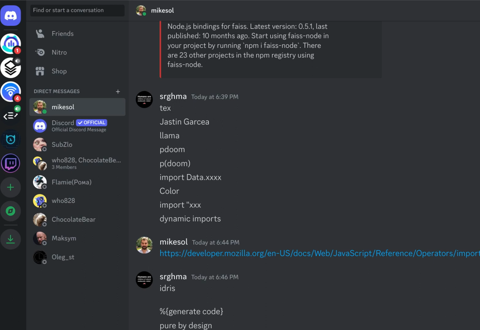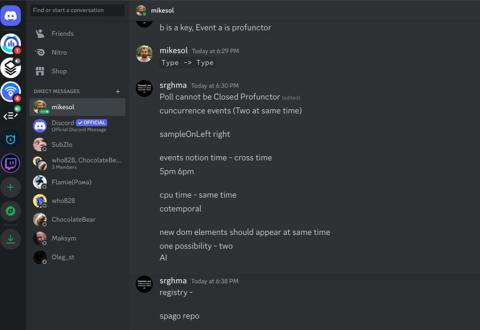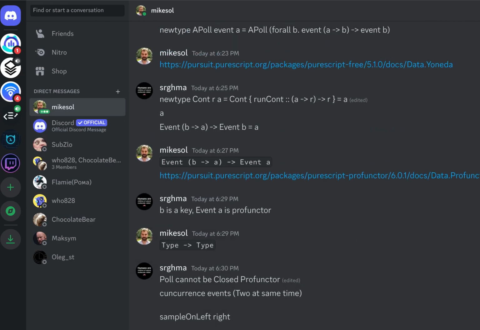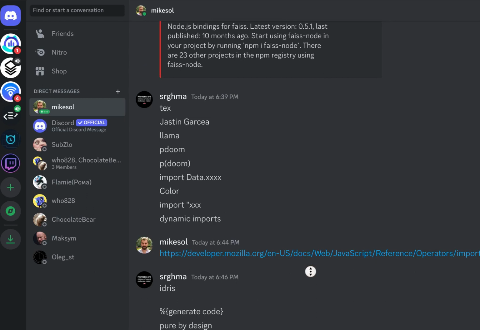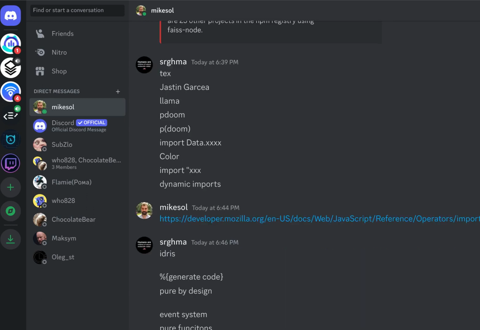If you do something like that, it would be very hard for WASM to replace something like that.